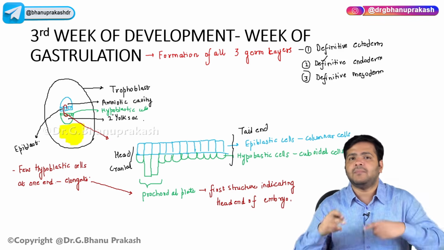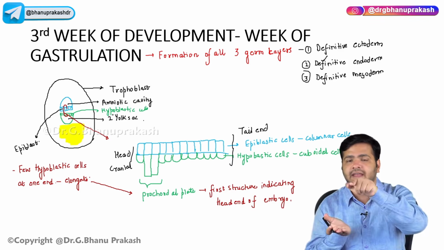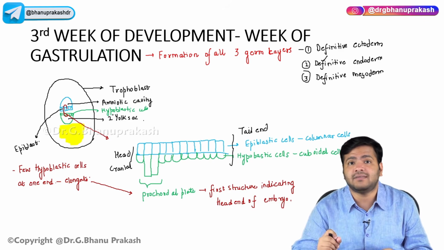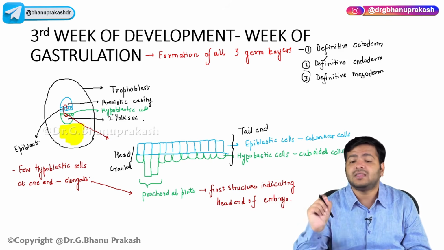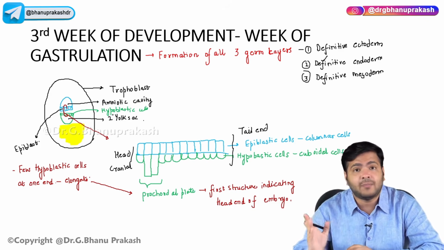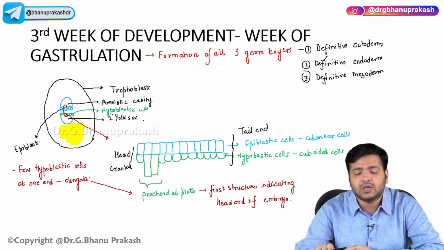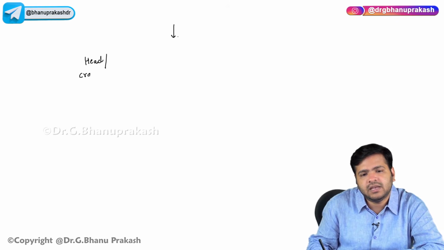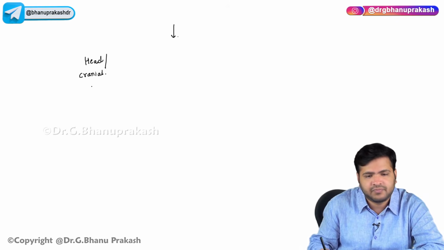Where in the embryonic plate the head end will be, meaning where the procordal plate will be, that will be termed as the head end of the embryo, and the opposite side will be termed as the tail end of the embryo. So now remember what will happen next. Now let us suppose this is the head end of the embryo, or I can simply say the cranial end of the embryo.